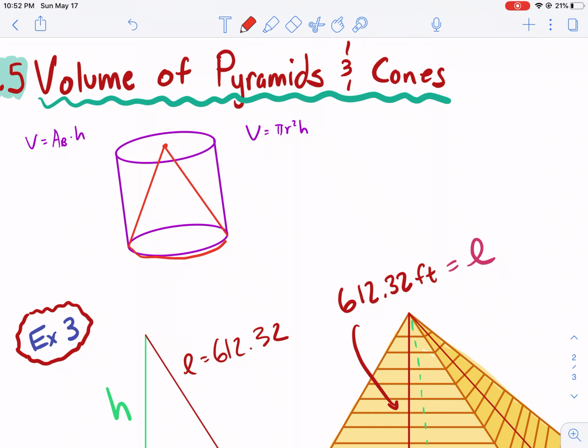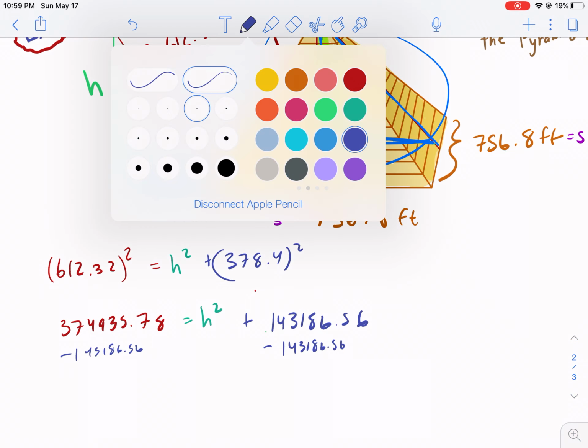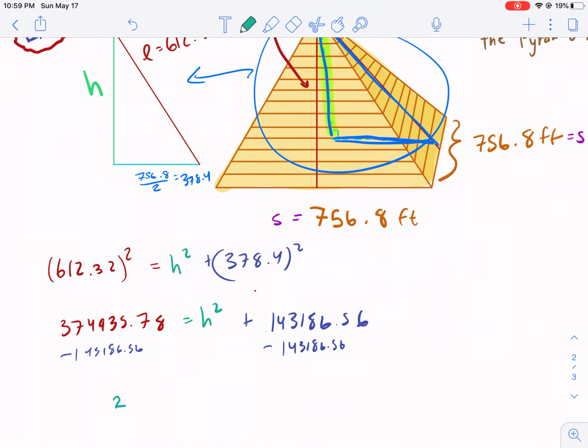I need to subtract this from both sides, 374,935.78 minus 143,186.56 equals. Okay, what I get is 231,749.22. Okay, and that equals h squared.